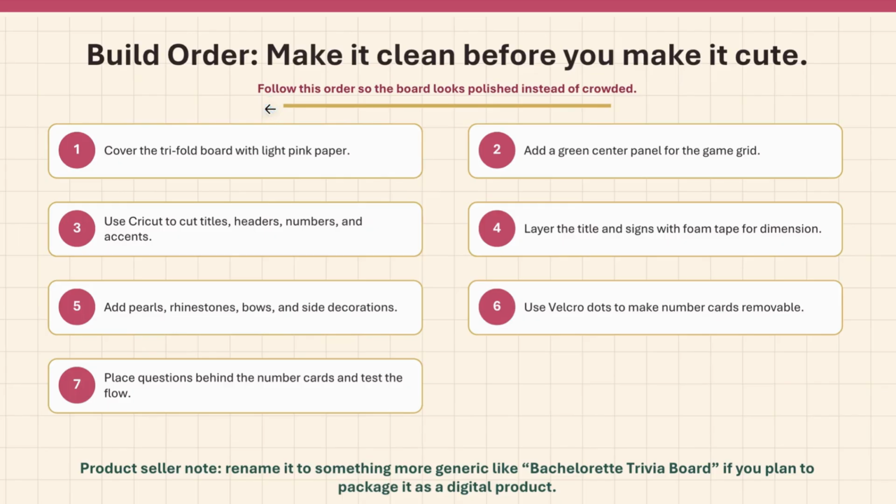Make it clean before you make it cute. Okay, the product seller: rename it to something more generic, like bachelorette trivia board, if you plan to package it as a digital product, just like I explained to you earlier. Always be sure that when you package anything, you don't use company names that are licensed.